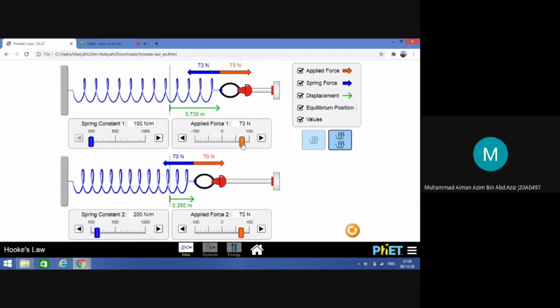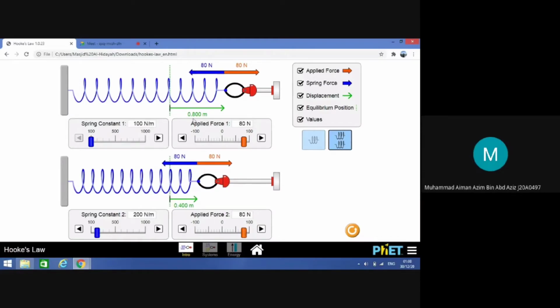Next, we put 80 Newton force on both springs. The 100 Newton per meter spring constant will get 0.800 meter displacement, and the 200 Newton per meter spring constant will get 0.400 meter displacement.